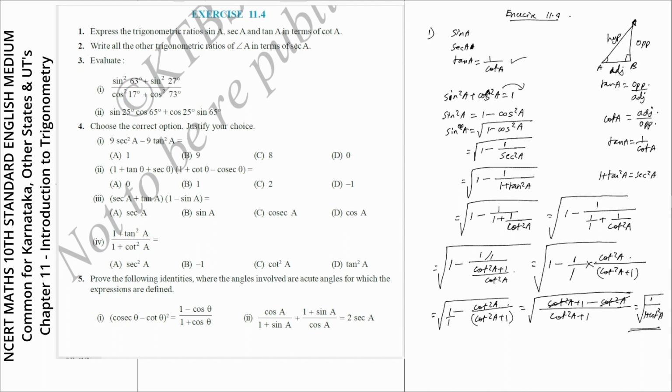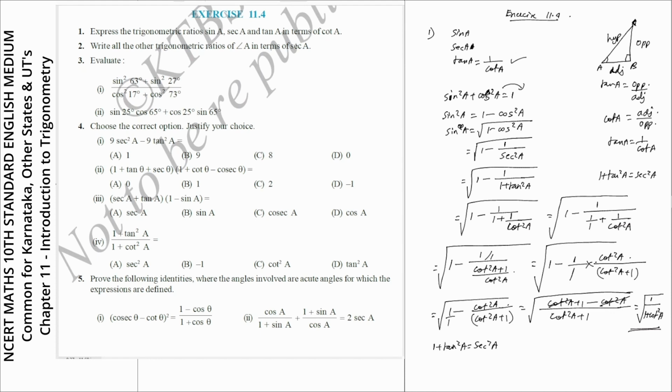Now we should express secant A in terms of cot A. So we know that 1 plus tan square A is equal to secant square A, right? We already know this.